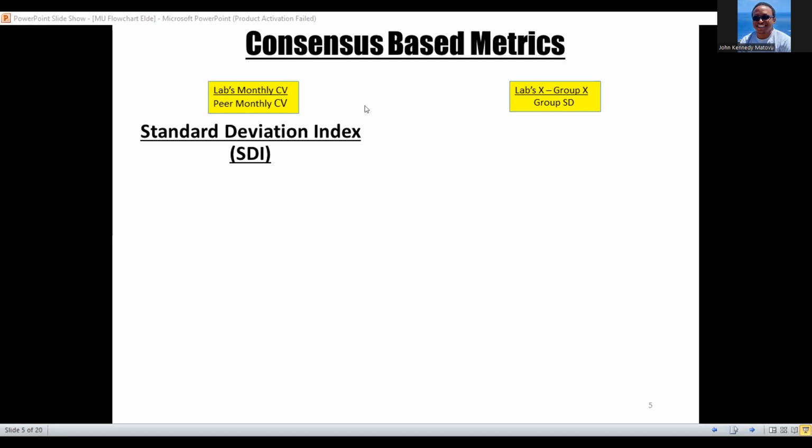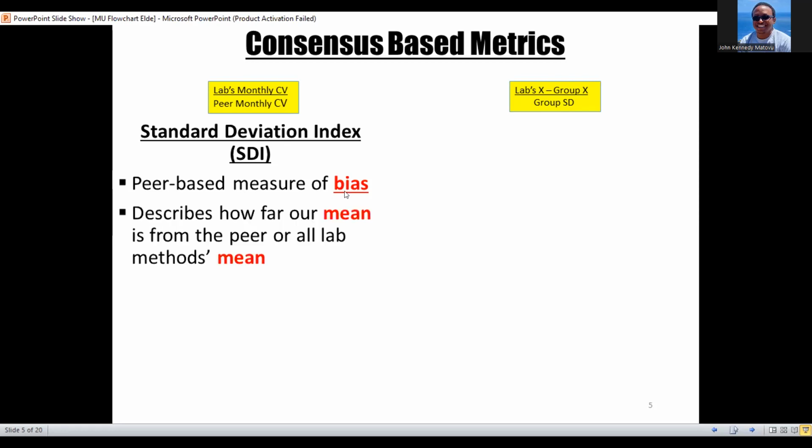Are you sure it's RE? Okay, Obed changes his mind. Is it SE? All right, let me remind you, we have covered this in our activity on EQA, how proficient are we? Please remember that although this is an SD, the SDI is a peer-based measure of bias. It describes how far our mean is from the peer or all laboratory methods mean.